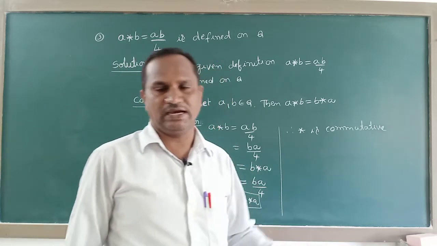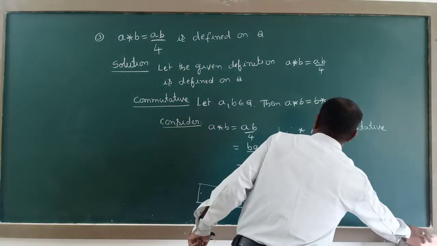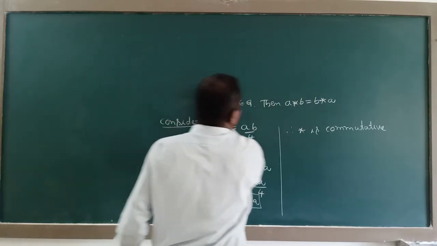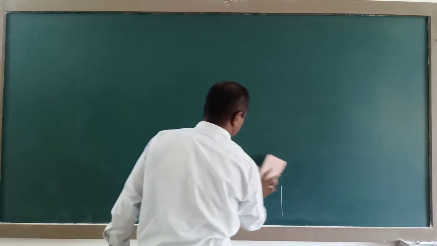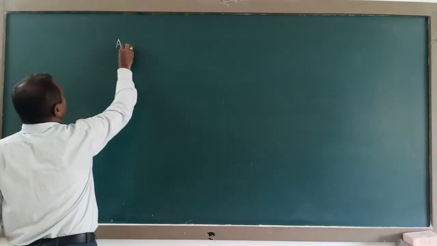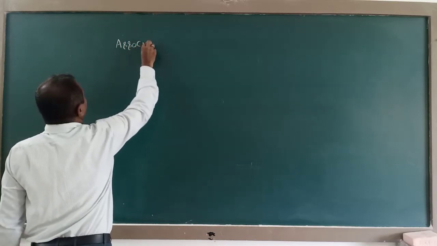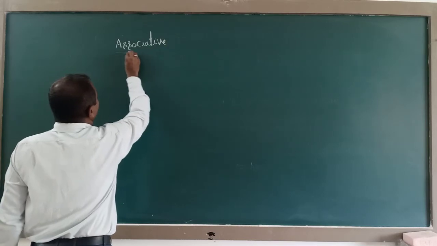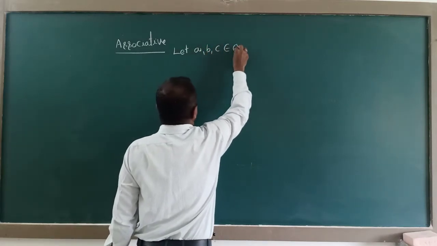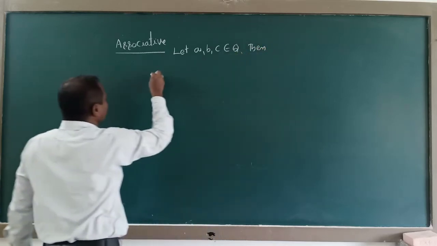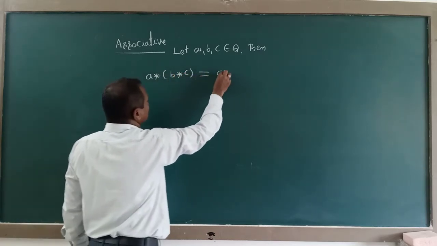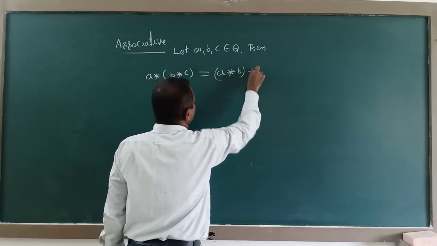Now let us give the answer for associative. Let a, b, c belong to Q, then a star of b star c is equal to a star b of star c.